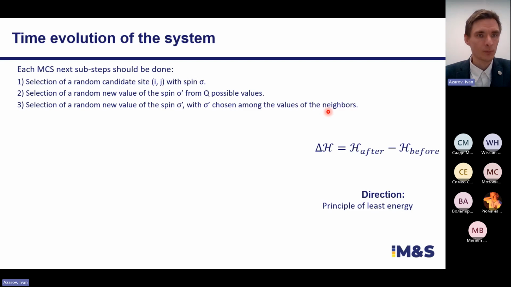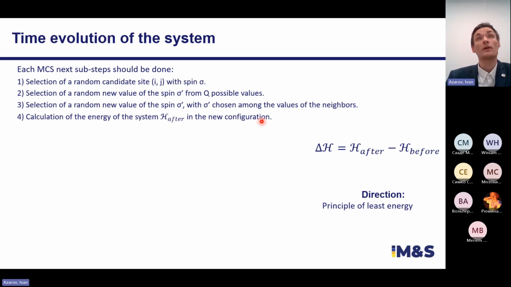And then, very important, step 3, it was a correction for step 2. To save time, we should check not all possible sites with new spin, but only neighbors of this sigma site with i, j coordinates. Just neighbors. I should underline this third step. Then we will calculate the new energy, Hamiltonian after, in the new configuration.